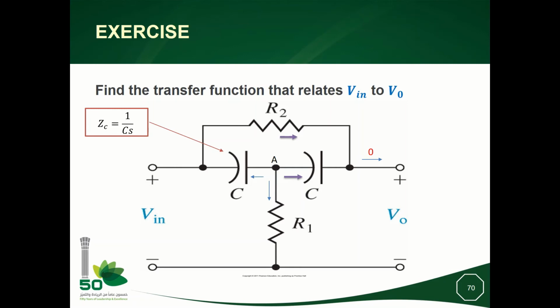Then we can divide the equation by Vn and form the ratio V0 by Vn, which is exactly the transfer function of this circuit.